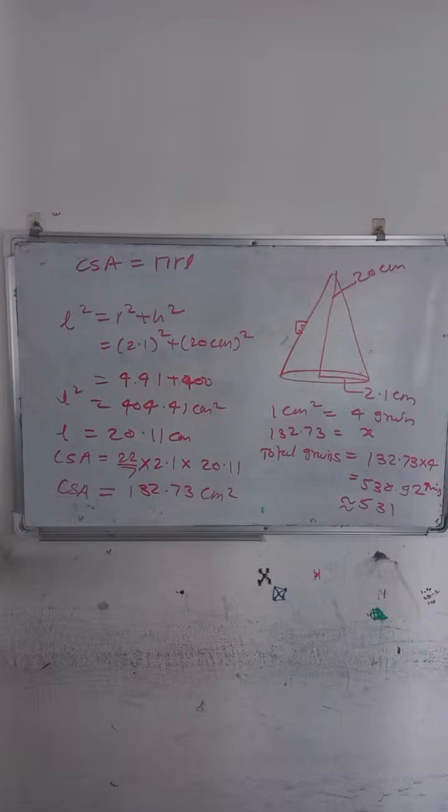Okay, I will repeat this question. The total cost of making a spherical ball is rupees 33,957 at the rate of 7 rupees per centimeter cube. What will be the radius of the spherical ball?